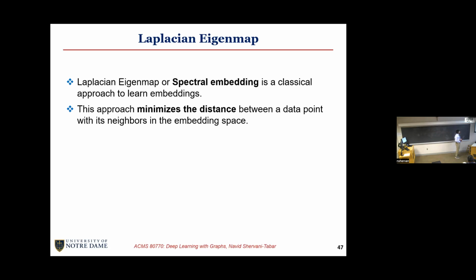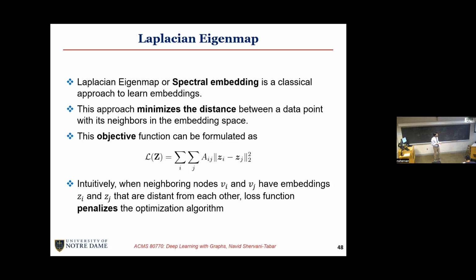So Laplacian eigenmap is trying to minimize the distance between data points and their neighbors in the feature space. You can write this as an objective function. I have a distance, let's say Euclidean distance, between two feature representations, and for all neighbors I want to minimize this.